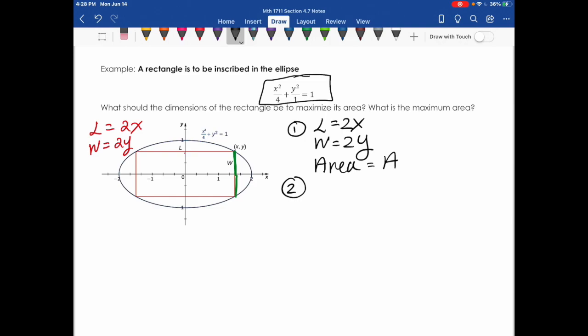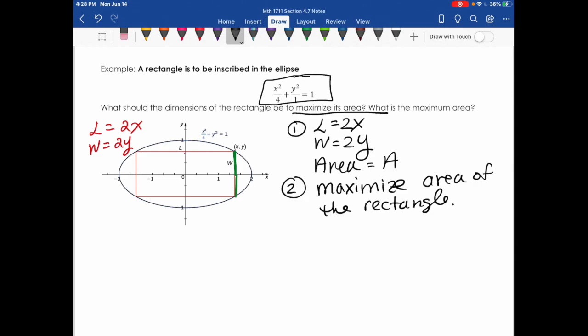And then we have the area of the rectangle. We'll call that A. In step 2, we have to list what we're trying to maximize. And in the question, it says we're trying to maximize the area of the rectangle. So for step number 2, I'm going to write down: maximize the area of the rectangle.